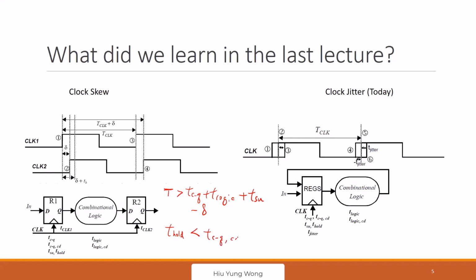So if it is ideal, we say that the hold time needs to be smaller than TCQ contamination delay, right? Because the previous stage can pass to you very fast due to contamination delay. And then the logic contamination delay, because for example, you're assembling a bicycle, which is very fast.